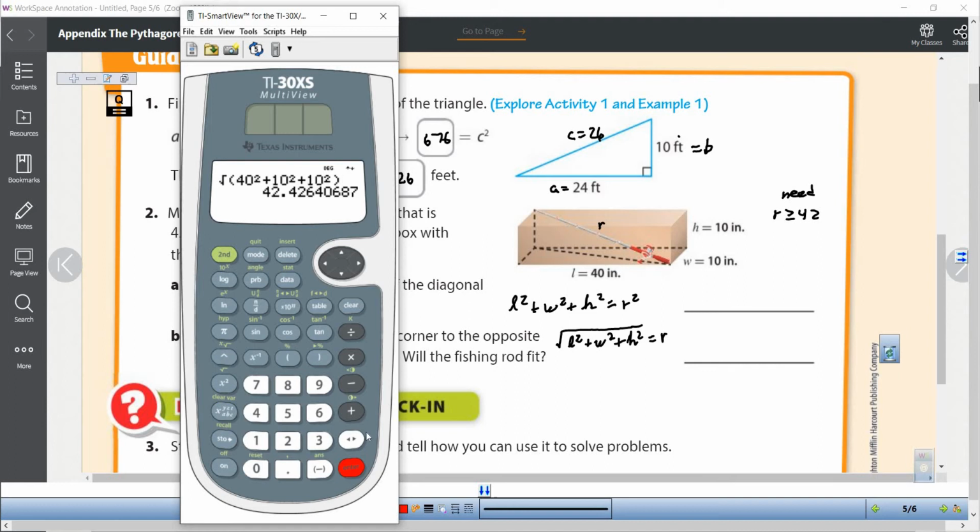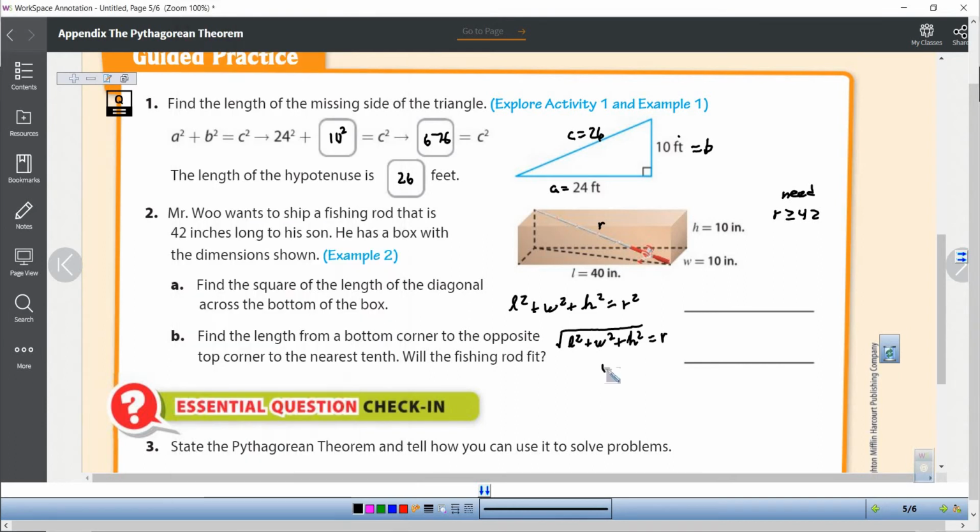And when I do that, what do I get? I get 42.4 when I round to the nearest tenth. So 42.4 is what R is equal to. 42.4 inches. We needed it to be greater than or equal to 42, and so the answer is yes, it will fit.